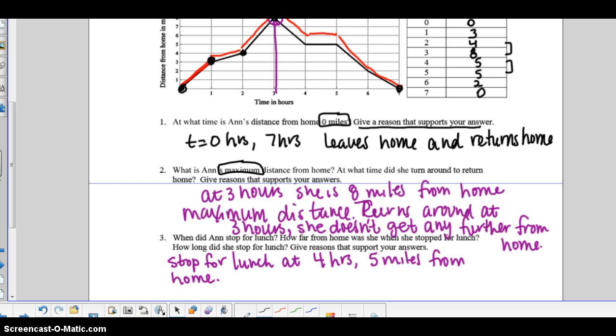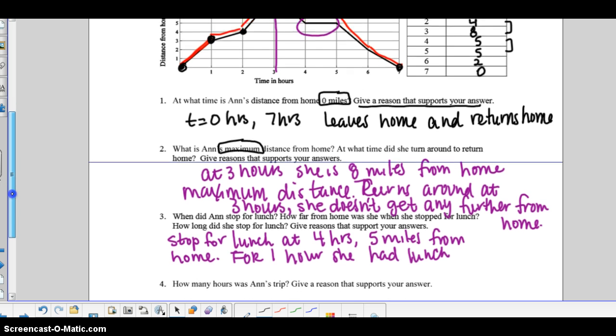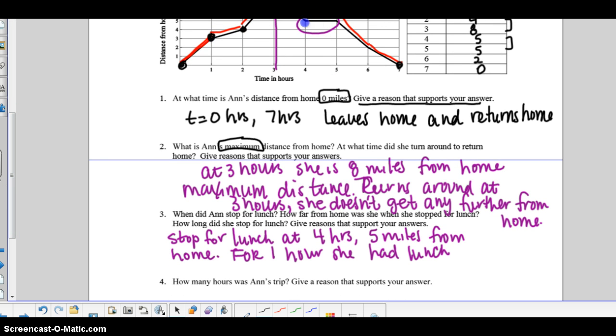How long did she stop for lunch? She stopped for lunch for 1 hour. And the reason we know that she stopped for lunch for 1 hour is because the graph doesn't change. And that is because her distance does not change.